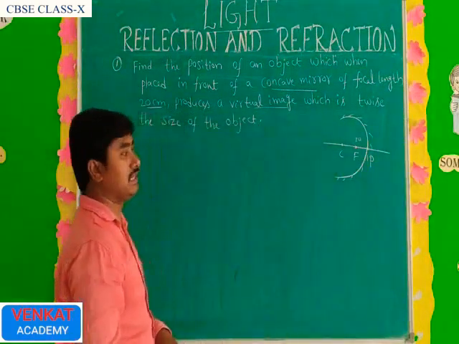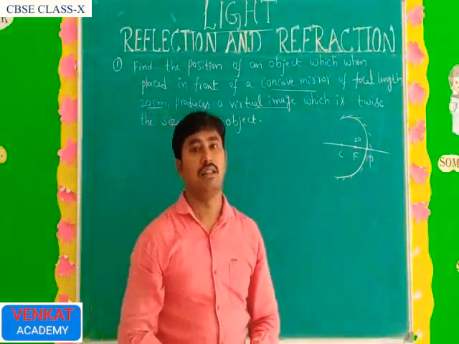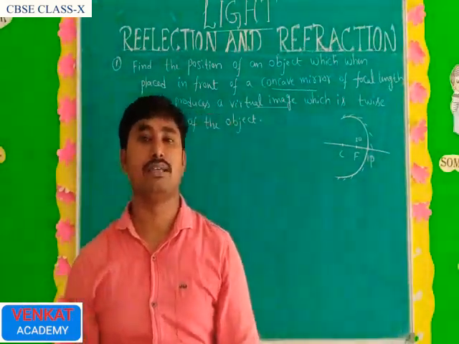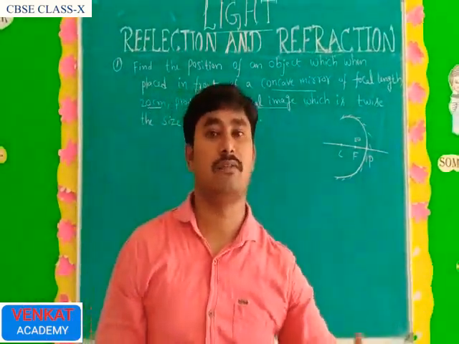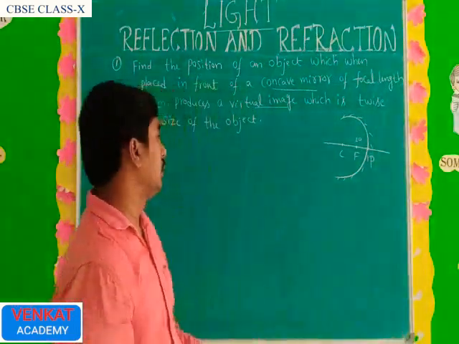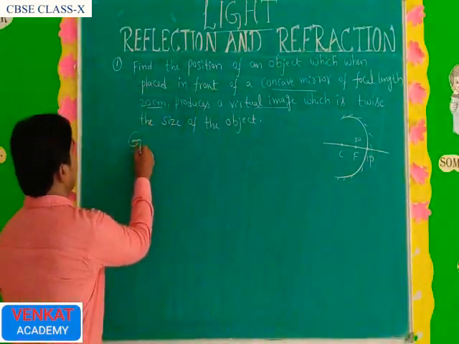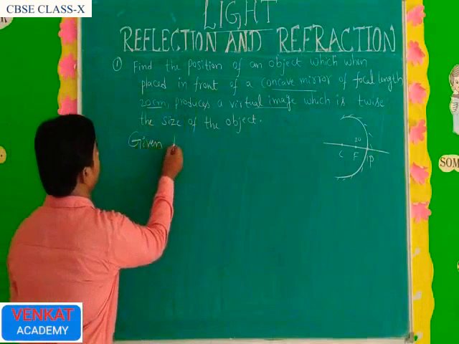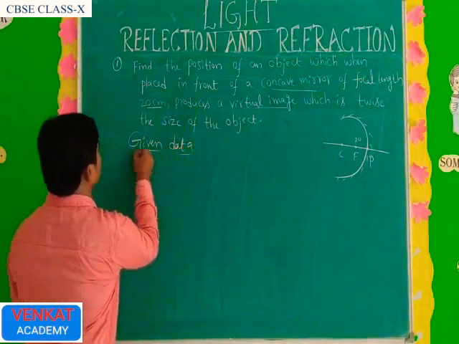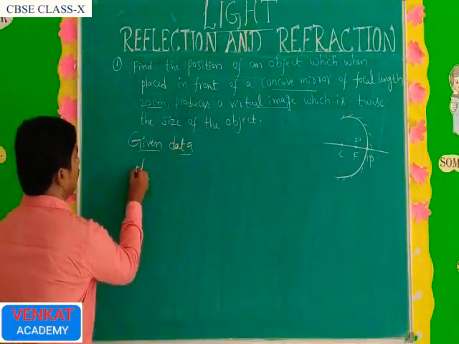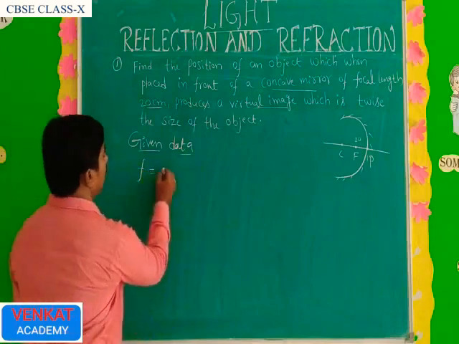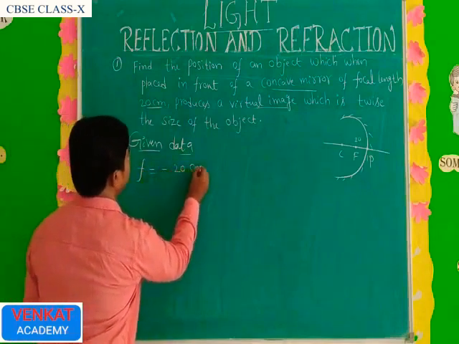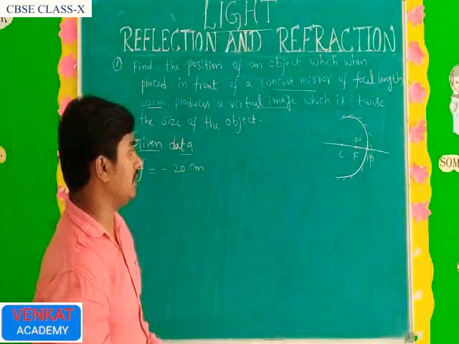The focal length of a concave mirror is always negative. The focal length of a convex mirror is always positive. That's why in the given data, focal length small f is equal to minus 20 cm.